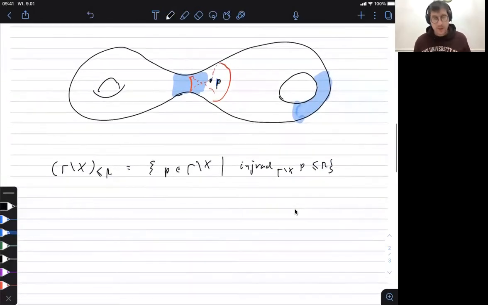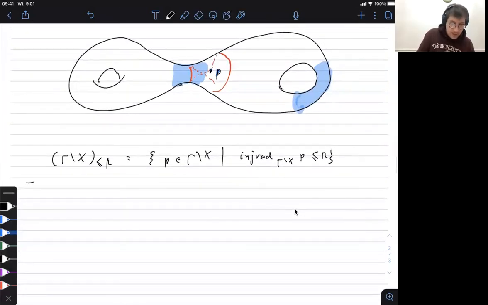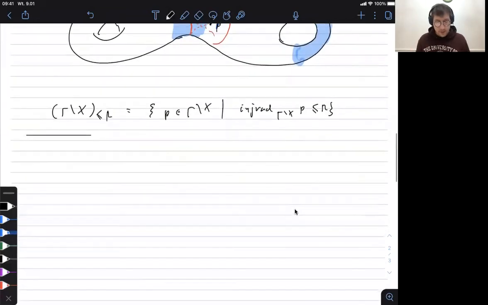Cool. So we have defined the injectivity radius, and now I can state the main result that we proved with Tsachik.